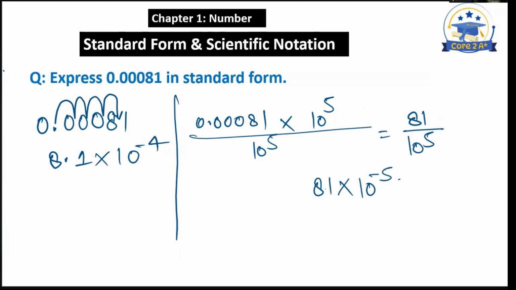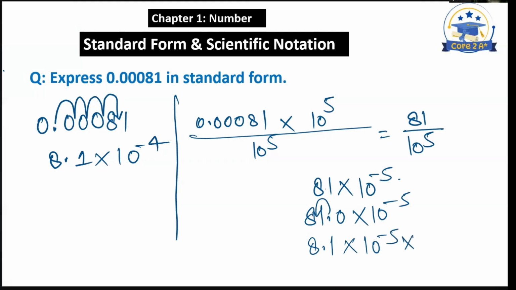Okay, so right now, where is the decimal? 81.0. Can we assume like this? 81.0 and 10 to the power minus 5. When the decimal moves from right to left, so 8.1, 10 to the power minus 5 is already there.